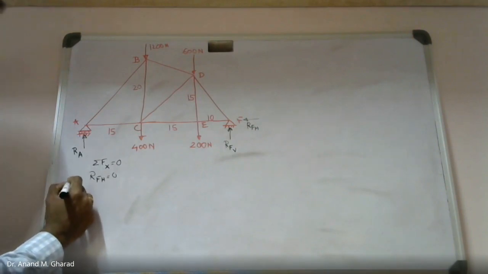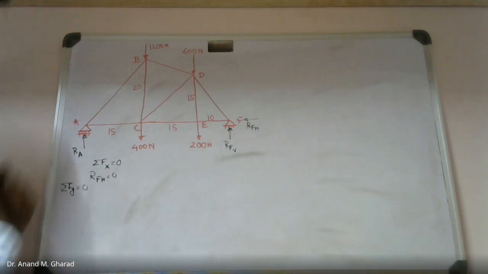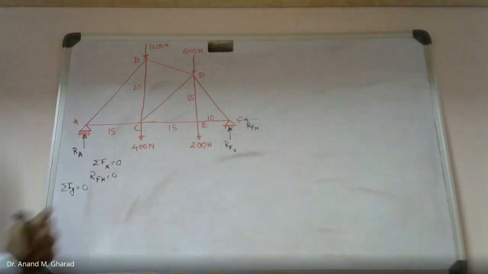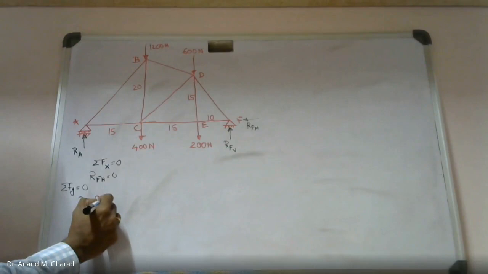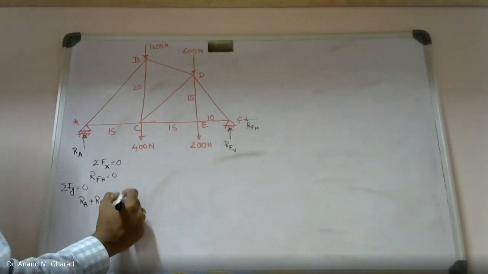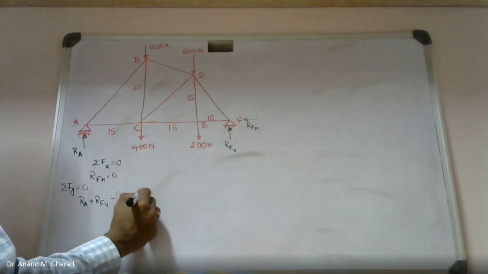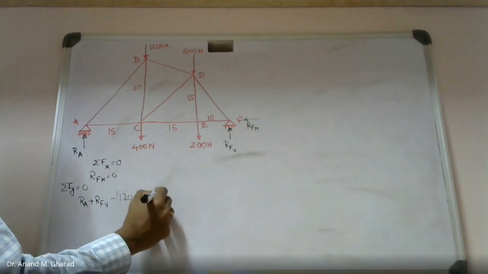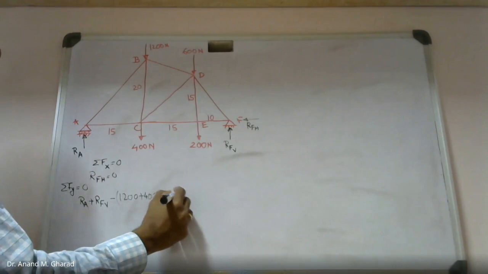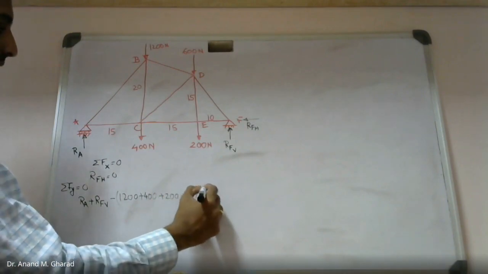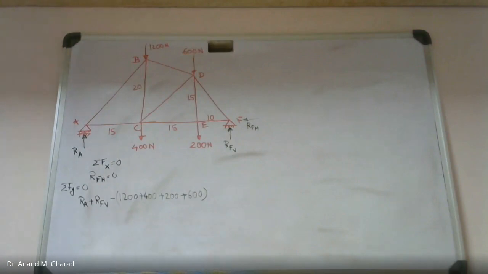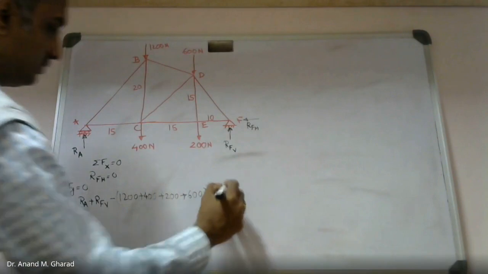Summation of forces in y direction equal to 0. So RA plus RFV minus 1200 plus 400 plus 200 plus 600, equated to 0.